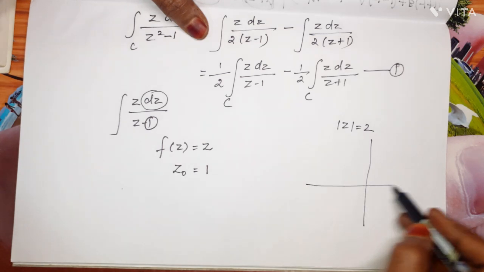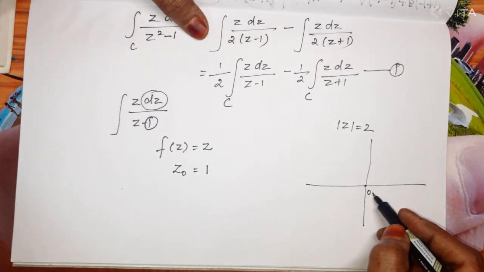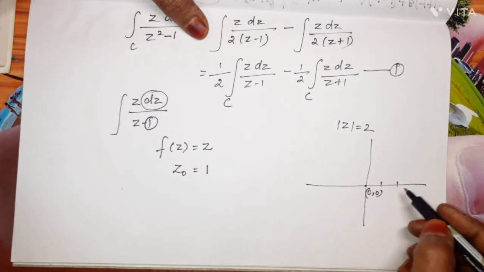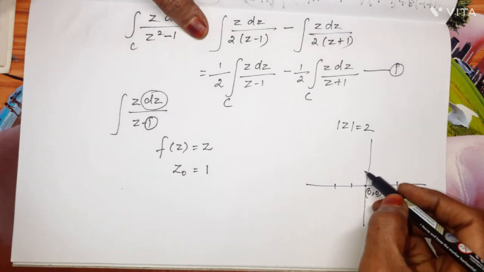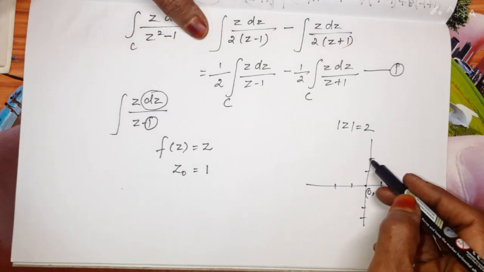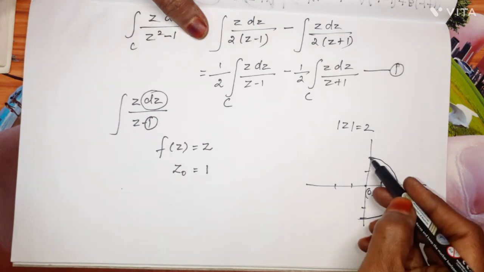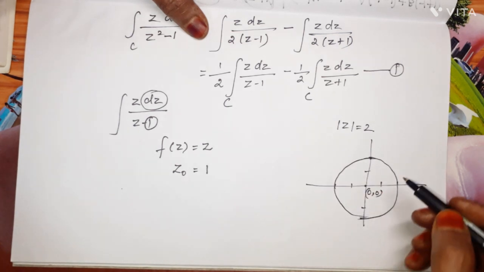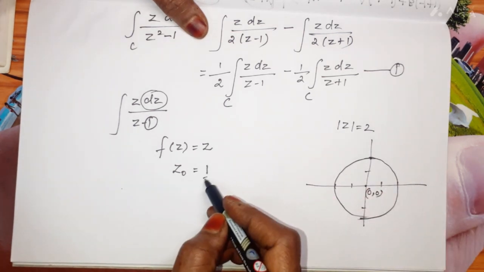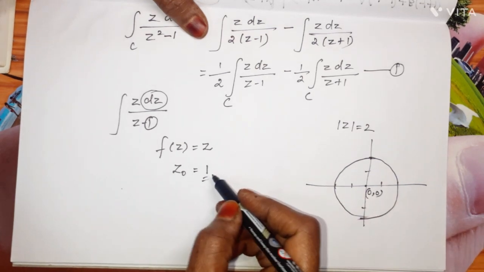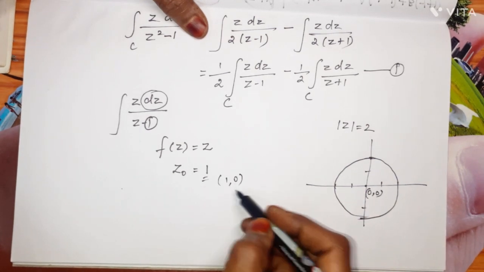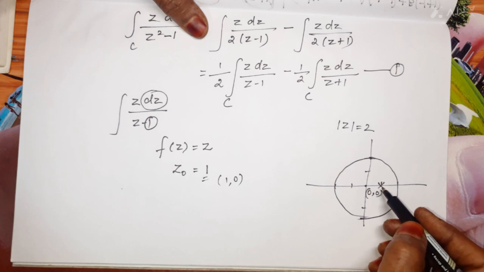That is a circle with center (0, 0) and radius 2. The circle extends up to these points, right? And here z naught is equal to 1, which means the point is (1, 0), this point.